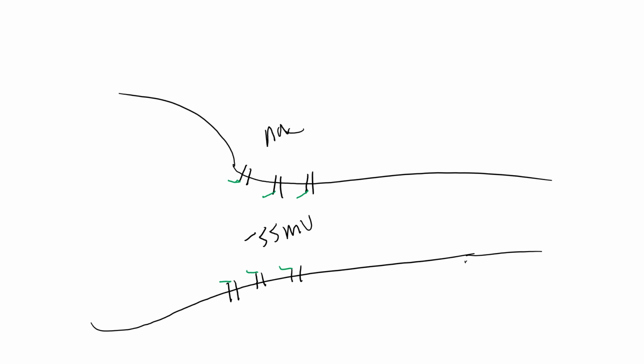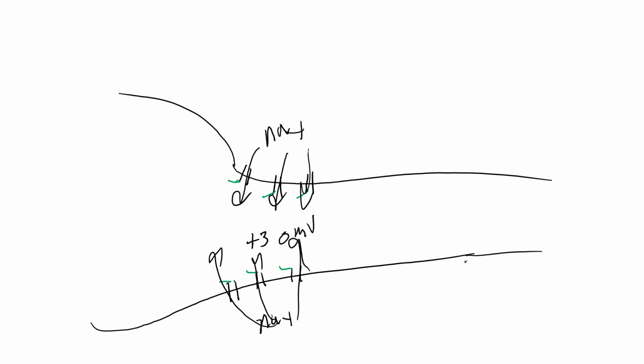That then allows sodium ions to come in and drive the interior from -55 millivolts up to +30 millivolts. And then when +30 is hit, something else happens with the sodium channels.